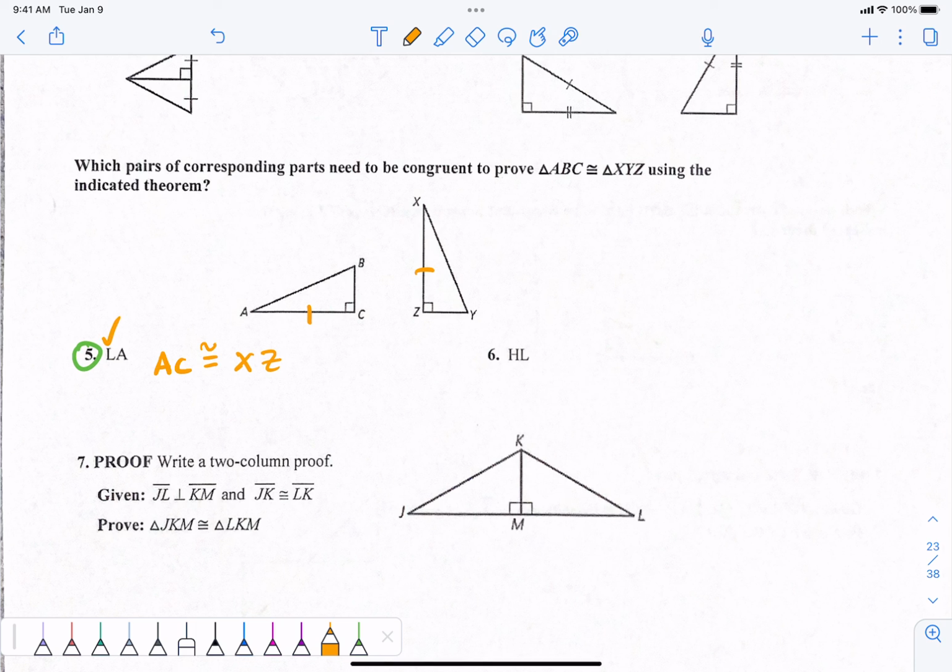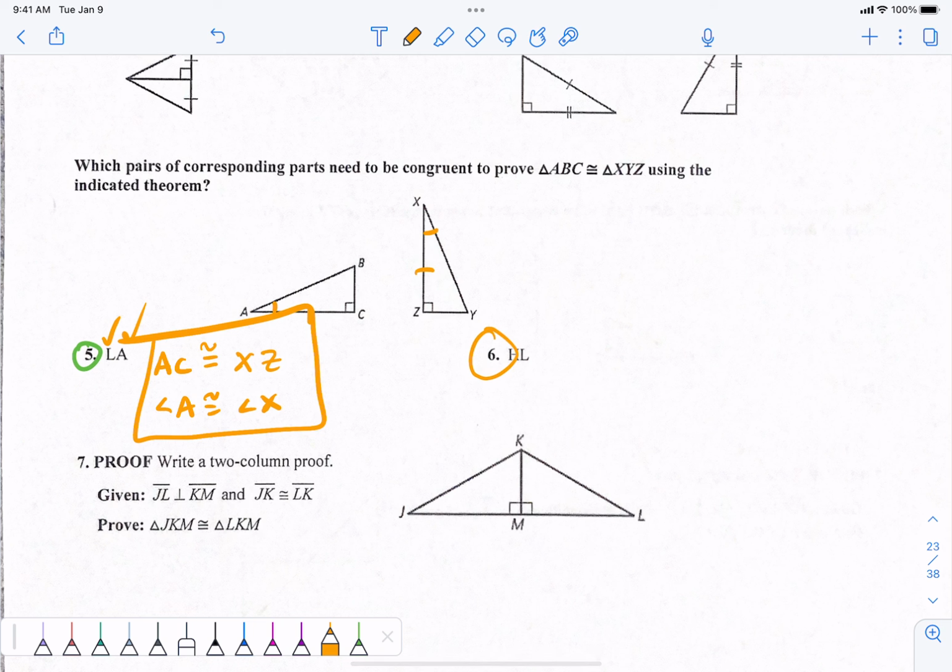Check. Okay, now we need to check off an angle. Which angle? It has to be A, and it has to be X. So angle A is congruent to angle X. That checks off a leg, checks off an angle. Now, you might have a different answer than somebody else because they might have done BC and angle B rather than the other two, right? Which is okay. So this is what they're asking for number 5 and number 6.